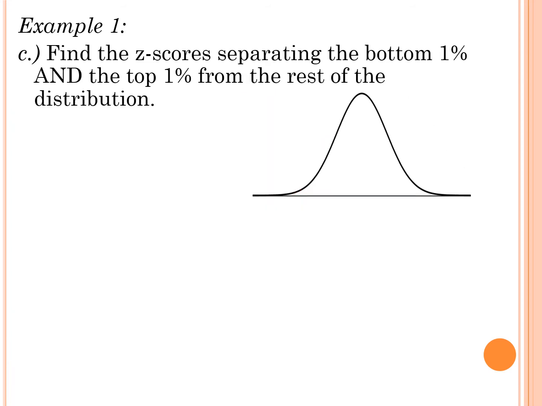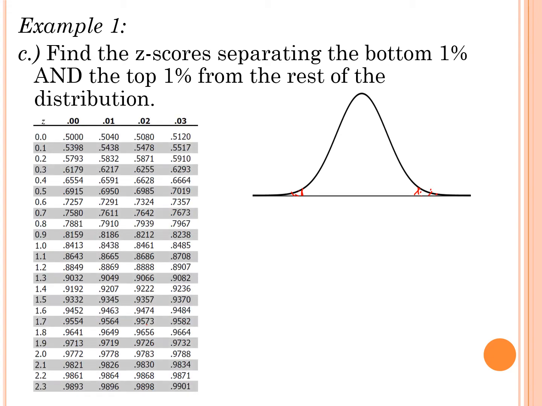Let's do two more like this. Find the z-score separating the bottom 1% and the top 1%. So here we want two z-scores. So we want a z-score for the bottom 1% and the top 1%, this value up here. So let's start off by finding the top 1%.